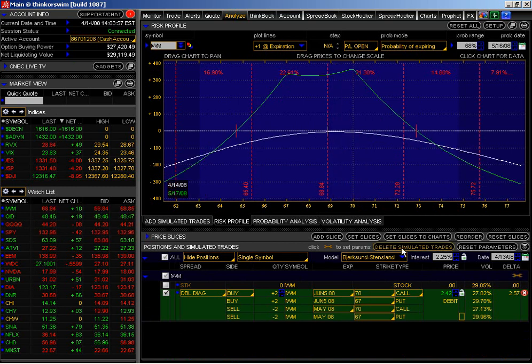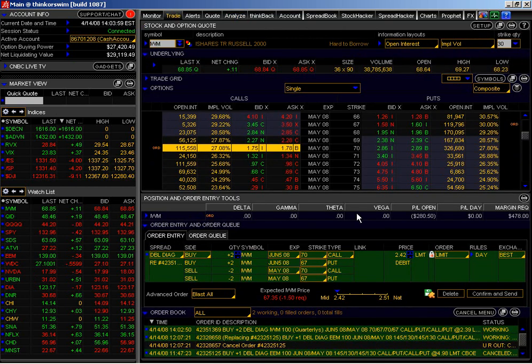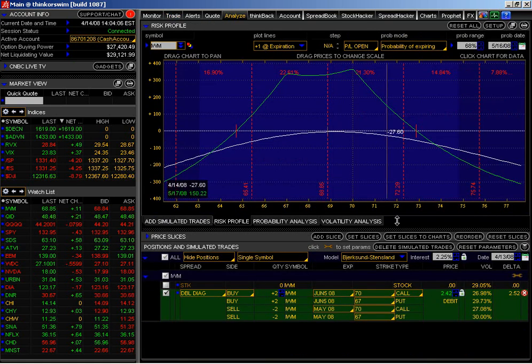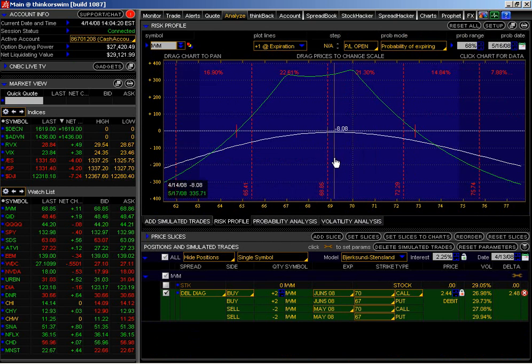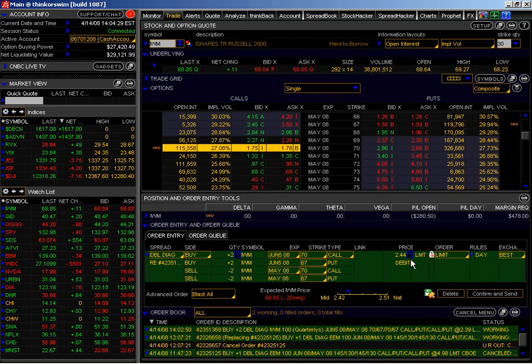We may have to give up a penny or two as we go along, but if we can go up to 244, let's just take a look at what happens to our graph. We start to see a little separation here between our white line and our profit. So we don't want to start off too negative, but a few pennies is not going to make too much of a difference in our overall position. So we can go up to 244 if we don't get filled here, and we should be okay.